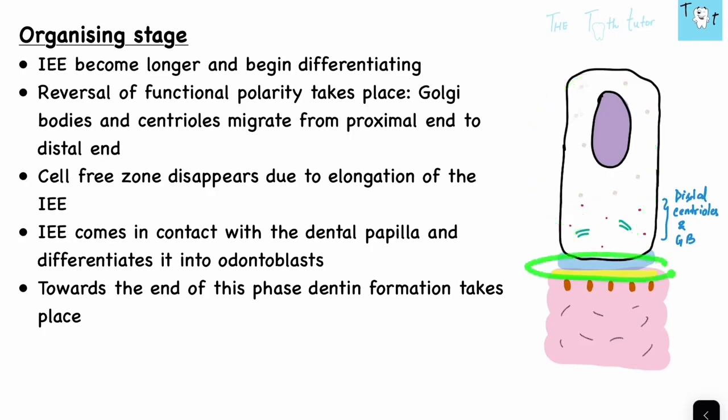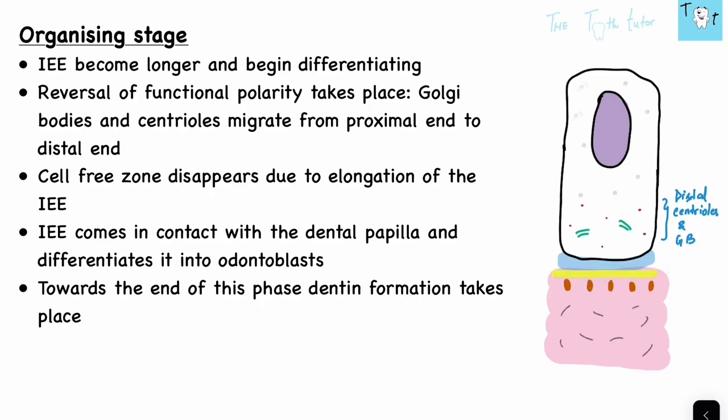The cell-free zone we had has disappeared because the cell elongated. The basement membrane is still there, and because the cell elongated, it induced the dental papilla to cause differentiation of the odontoblasts. Since the odontoblasts are differentiated in this stage, they will lay down dentine, pre-dentine. The first layer of dentine will be laid down.